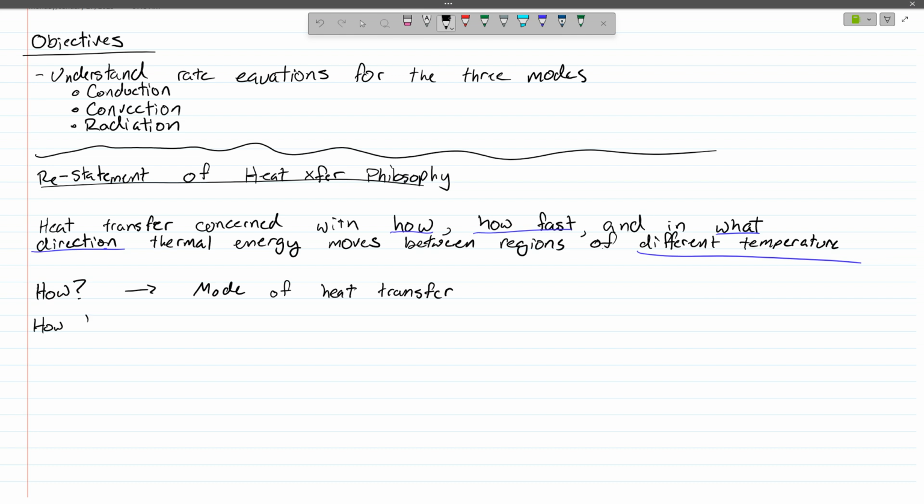There is the how fast, which is answered by our application of the appropriate rate equations, which, generally speaking, are specific to the modes. So we're going to have a rate equation for conduction, one for convection, one for radiation.